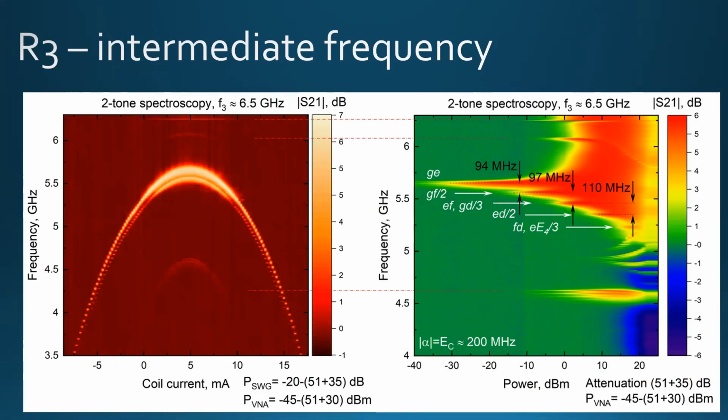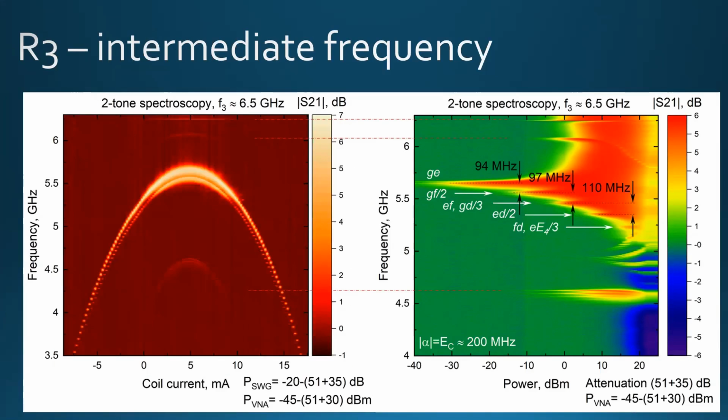Yeah, and at higher power of the first tone, there are a few more resonances visible. Well, I'm not sure what they are caused by, but there are a few more transitions visible on the spectrum.